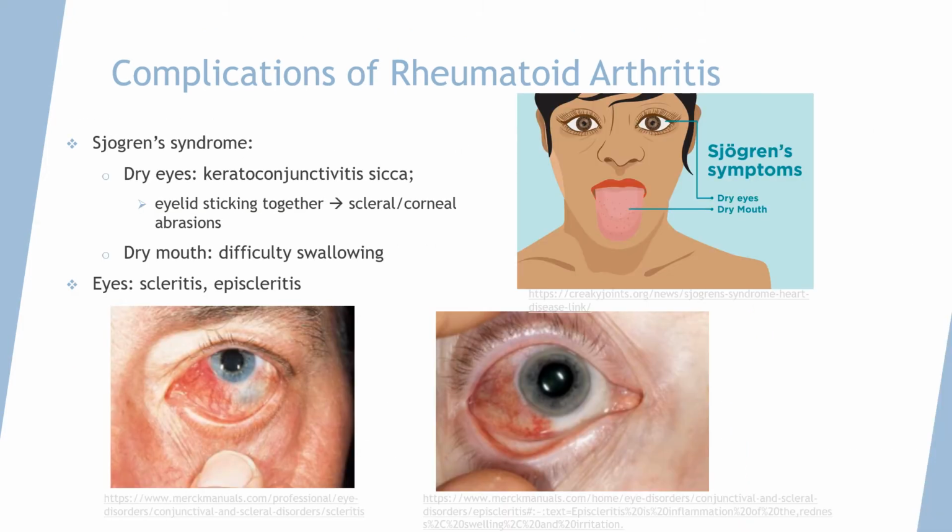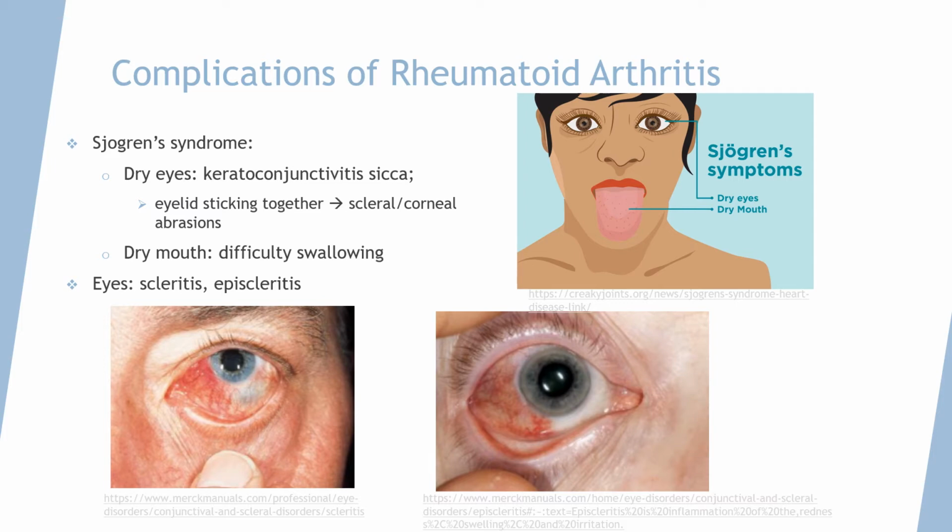Specifically in the eyes, they can develop scleritis and episcleritis, the inflammation of the outer layers covering the eyes. The eyes can also develop Sjogren's syndrome, which is dryness. Specifically, there's keratoconjunctivitis sicca. Sjogren's also implies dry mouth.